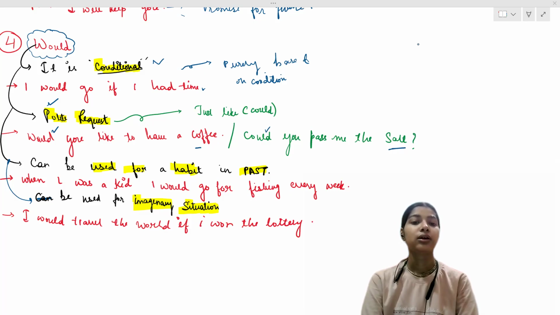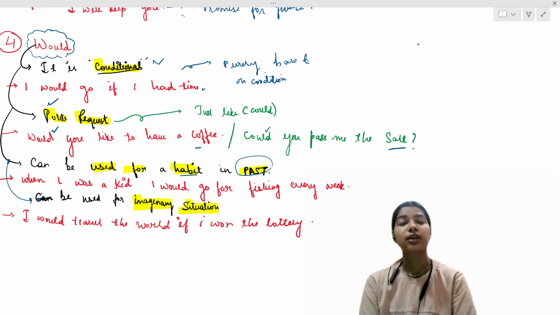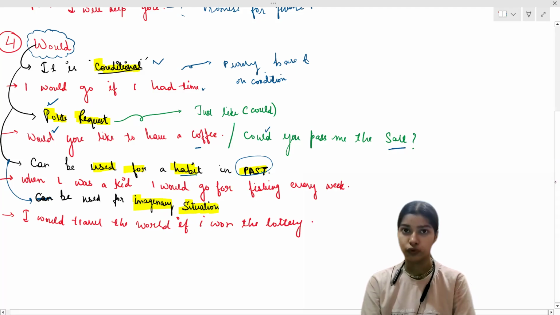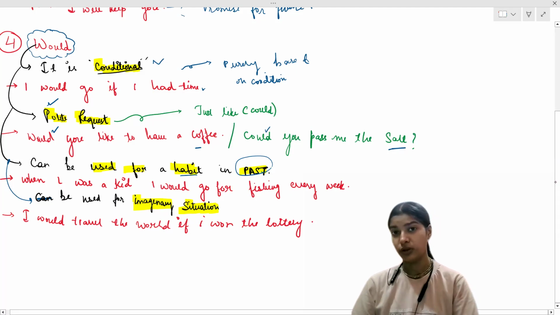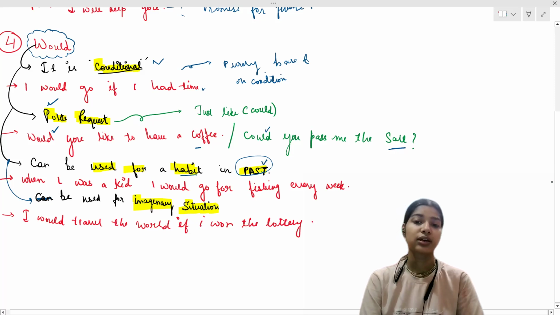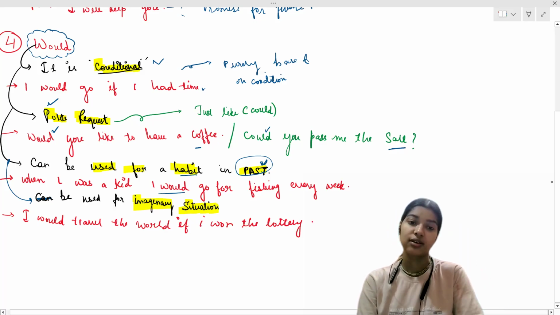It can be used for a habit in past. I was having a habit and then I have used a modal for that, that is would, in past only. Now you have to think that very nicely that we are using it in past. When I was a kid, I would go fishing at the sea.